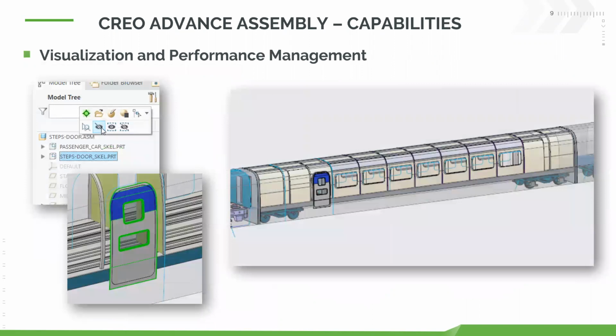And finally here, this really ties in well with our tools for visualization and performance management. Again, if you're working with a big assembly, that can be a huge amount of data that your computer has to crunch. And we can really give you tools to control that. If you only want to look at a particular area, be able to turn certain areas off. For example, if you only wanted to look at certain parts of the shrink wrap, that's going to be able to reduce the time it takes to load up, put it to memory, and be able to work with all that.